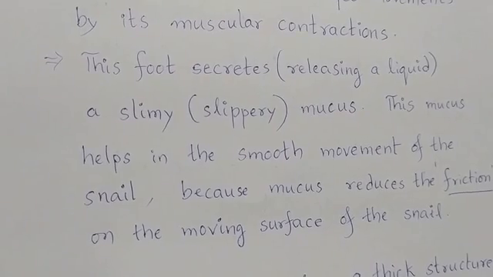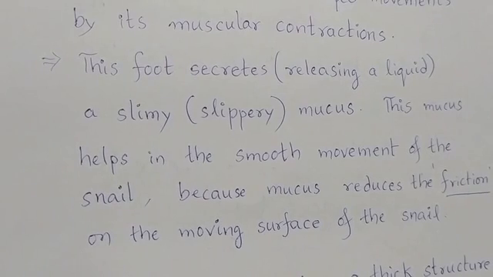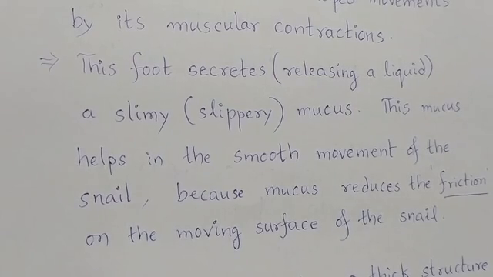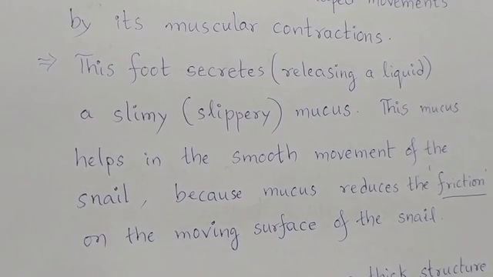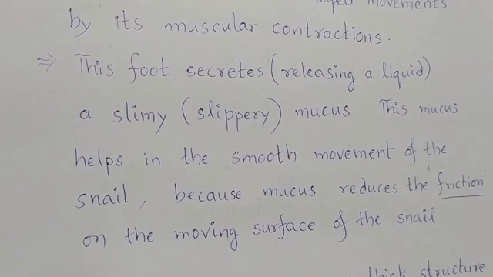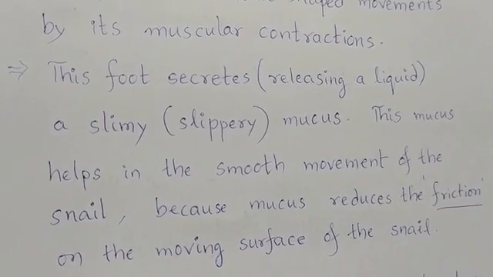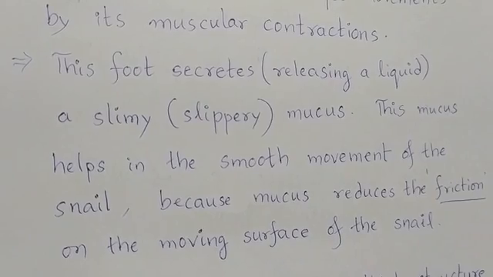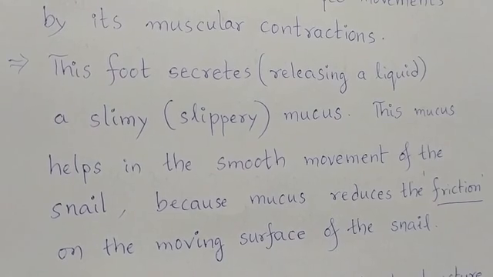As the snail moves, the muscular foot secretes. Secretes means releasing a liquid. As the snail moves, the muscular foot secretes a slimy or slippery mucus. This mucus helps in the smooth movement of the snail because mucus reduces the friction on the moving surface.